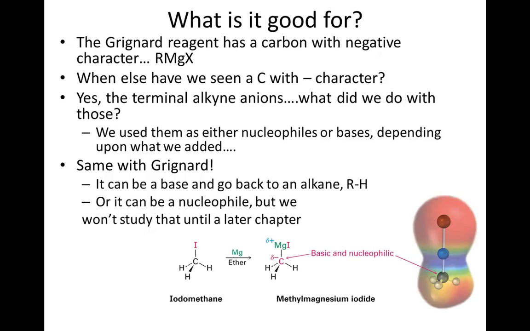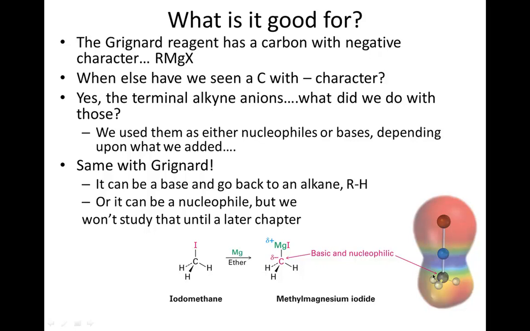So here's an electrostatic map showing the Grignard reagent. The end where the negative character is, of course, is out there on the halogen, and then a little bit on the carbon end. And so this carbon right here now has some negative character.